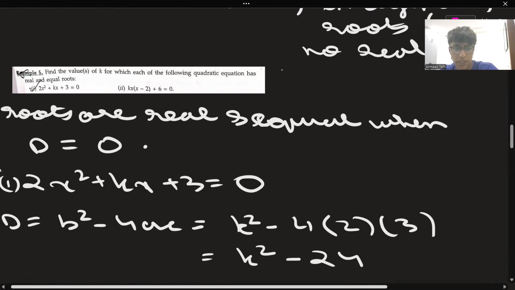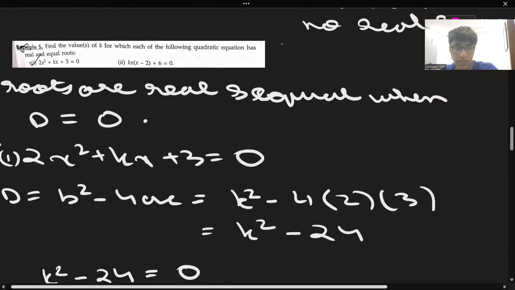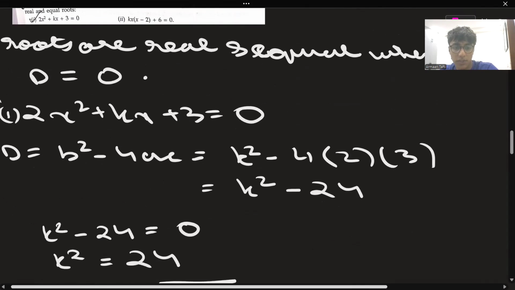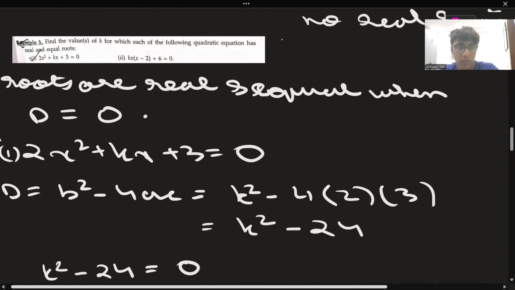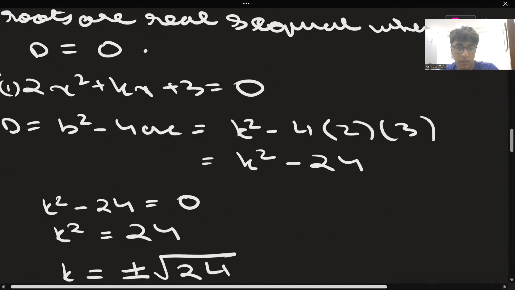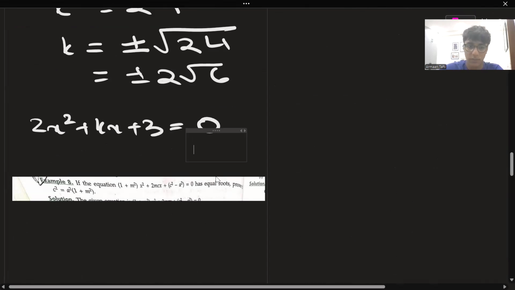If you want, we can evaluate this once and check. If we put k as 2 root 6, what happens? Our quadratic is 2x squared plus kx plus 3 equals 0. Let me give us some more space.